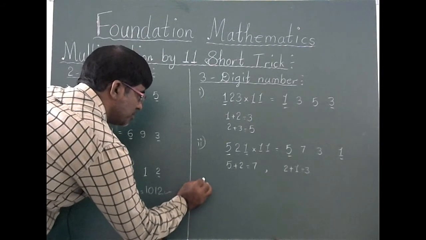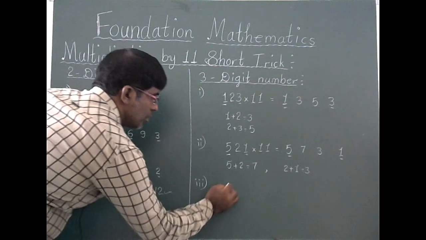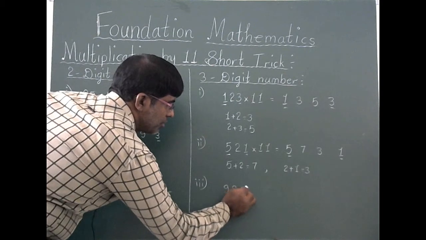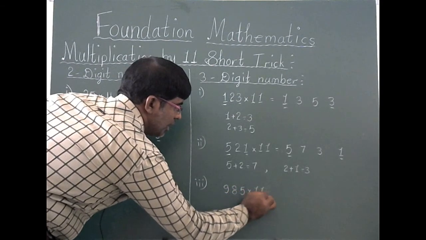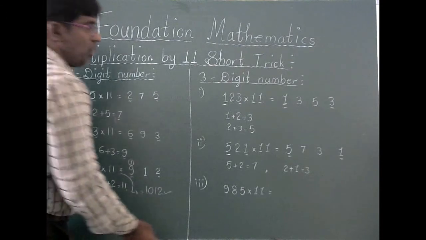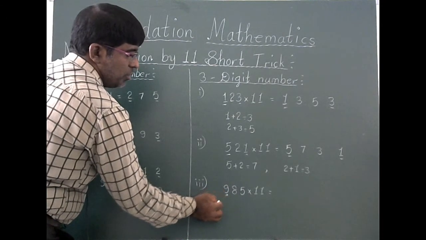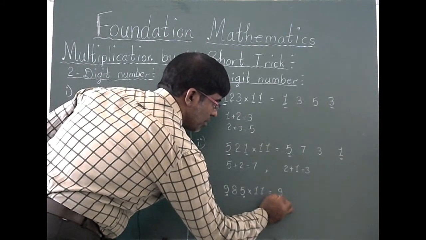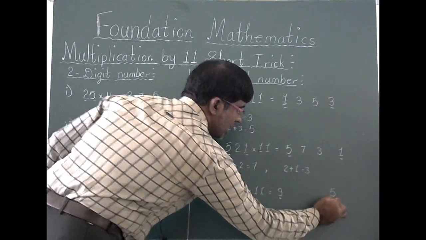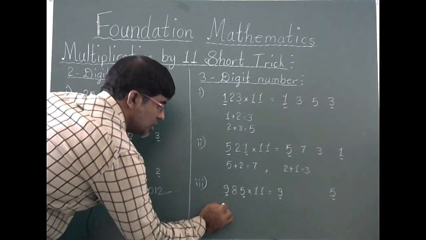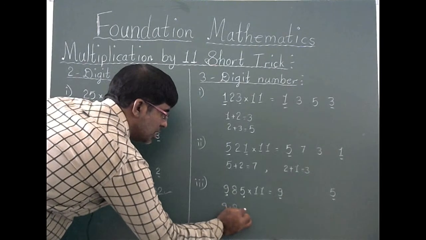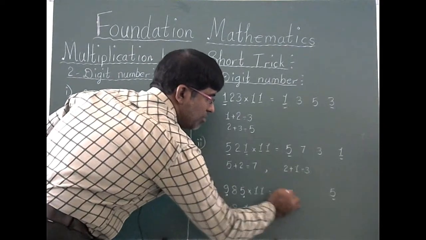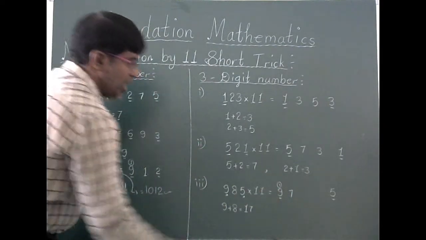One more problem. 985 into 11 equals how much? According to our procedure, first and last digit as it is I am writing, 9 and 5. But the sum of these two digits, 9 plus 8 equals 17. 7 I am writing in the middle, but 1 carries to 9.